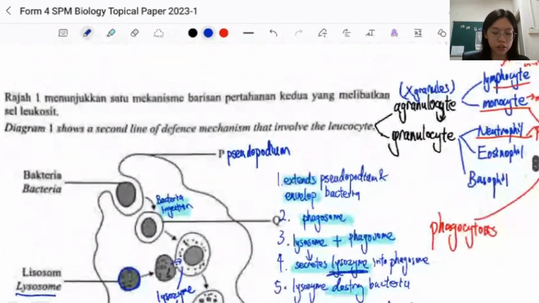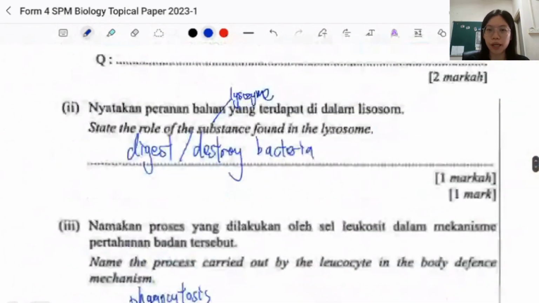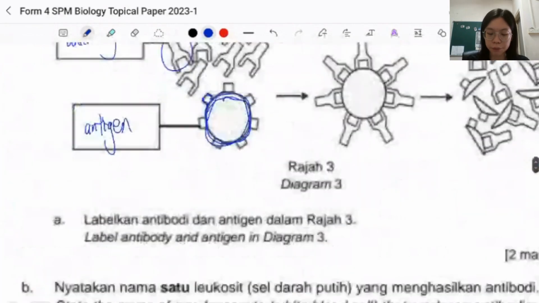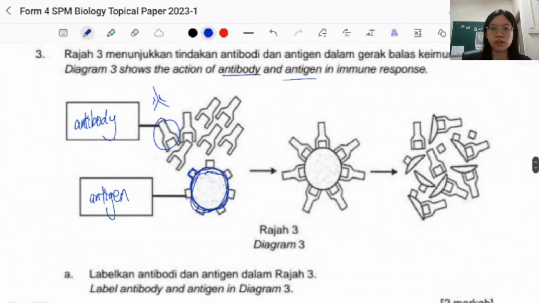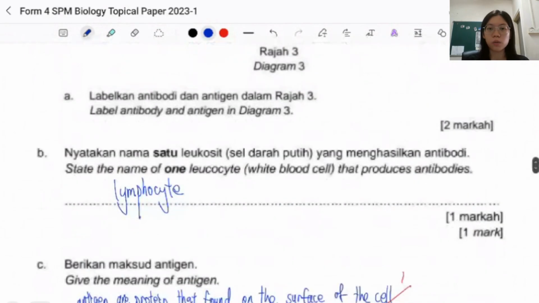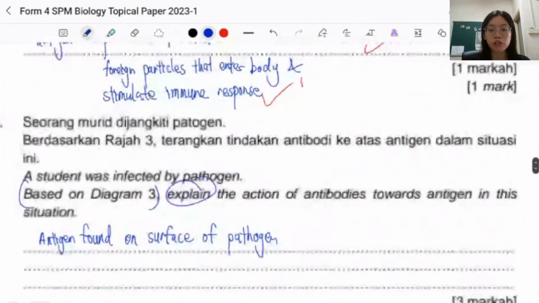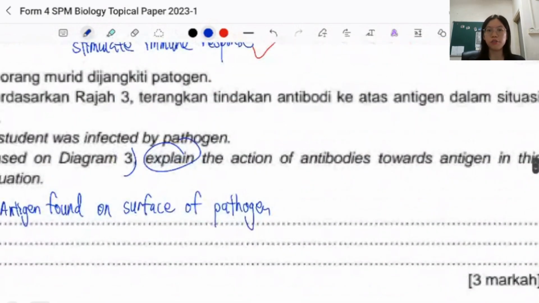Phagocytosis normally is for bacteria, they destroy the bacteria. But for this one you're not sure, they didn't mention if it's a bacteria or a virus. So you can write it is found on the surface of the pathogen.